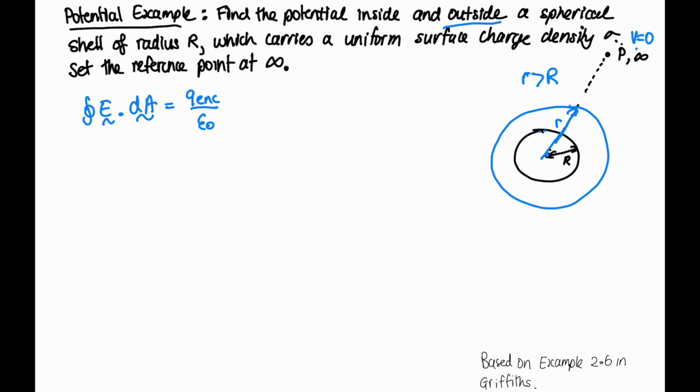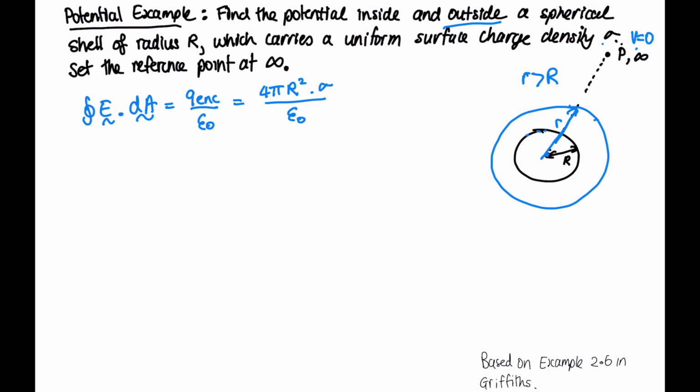And now all the enclosed charge is at this radius capital R here. And in the question, we're given the surface charge density. So the amount of enclosed charge is going to be equal to that surface area, which is 4 pi R squared, times the charge density, divided by epsilon naught. And we're considering the flux through this area.